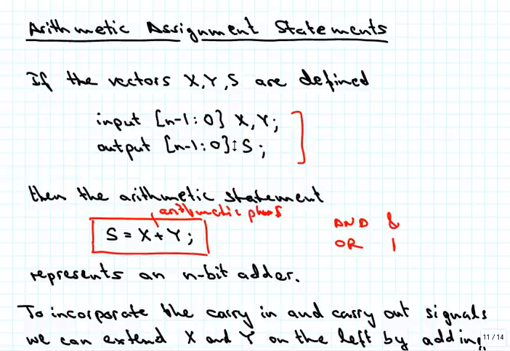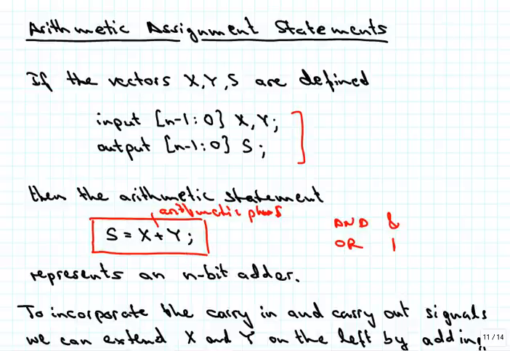We could actually have made it such that one of the inputs has, let's say, n minus 5 bits, and the other one has n minus 1 bits, and then Verilog would pad on the left with zeros in order to make both of the vectors of length n if index n minus 1 is the maximum index. So that's how it knows how many bits have to go into that adder.